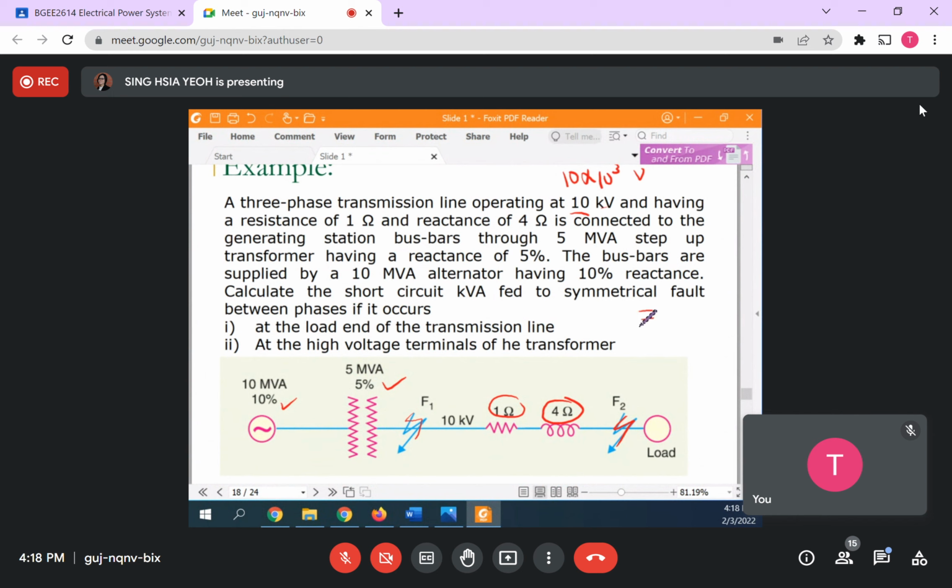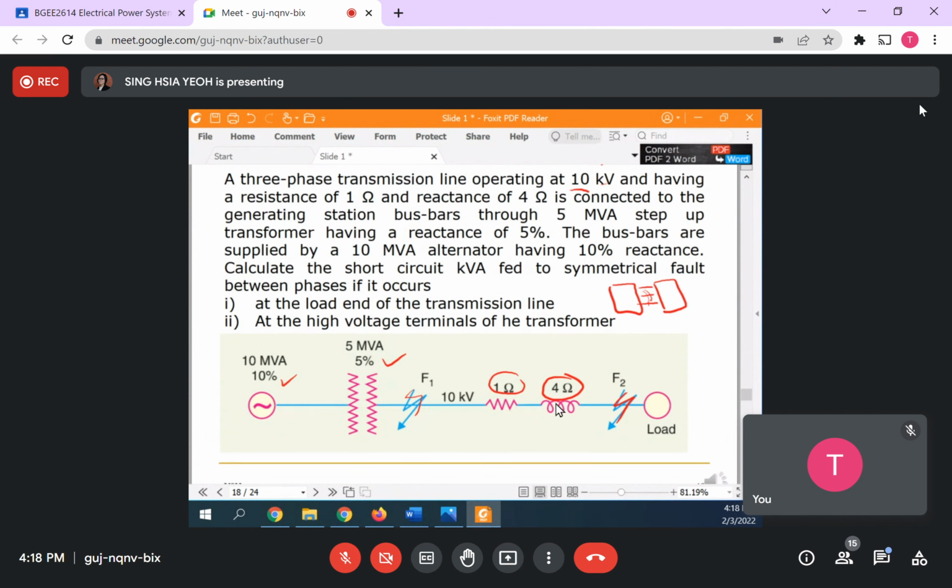Still remember, line-to-line voltage is more important. But in this chapter, line or phase voltage is not really important, because when you change it to per phase analysis or an impedance diagram, we won't really care about the line or phase voltage.